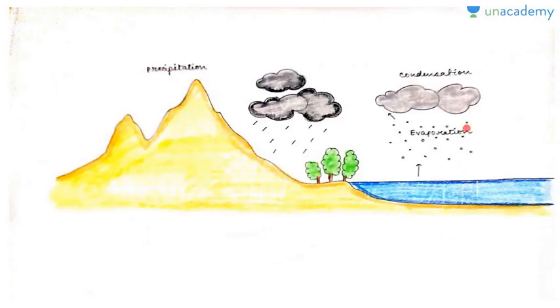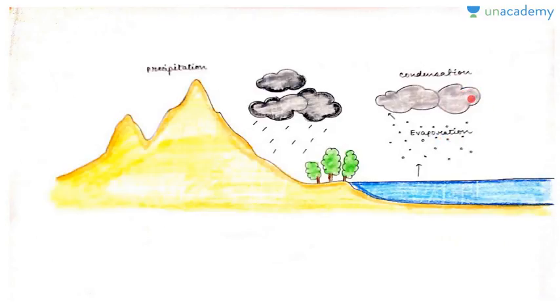Now, what is evaporation? Evaporation means when the state of water changes from liquid to gas, right? So first of all, evaporation takes place. So here the water is evaporated in the form of water vapor, right? Now when this water vapor rises, it cools and expands, right? And if it reaches beyond the level of condensation, this water vapor gets converted into water particles, right?